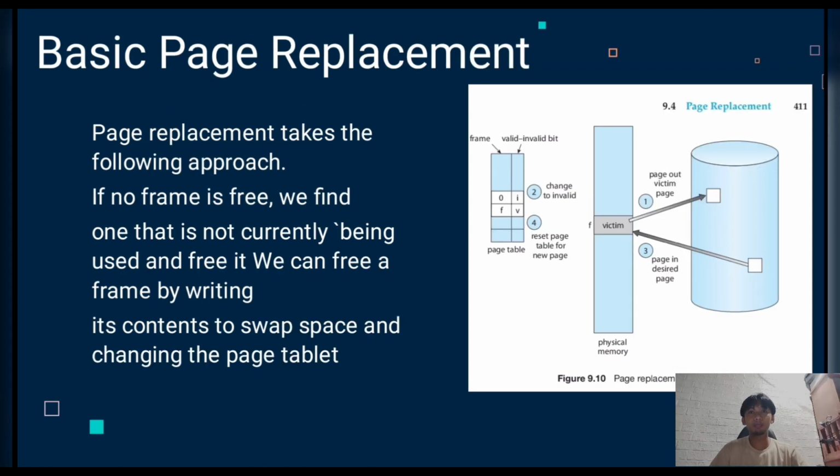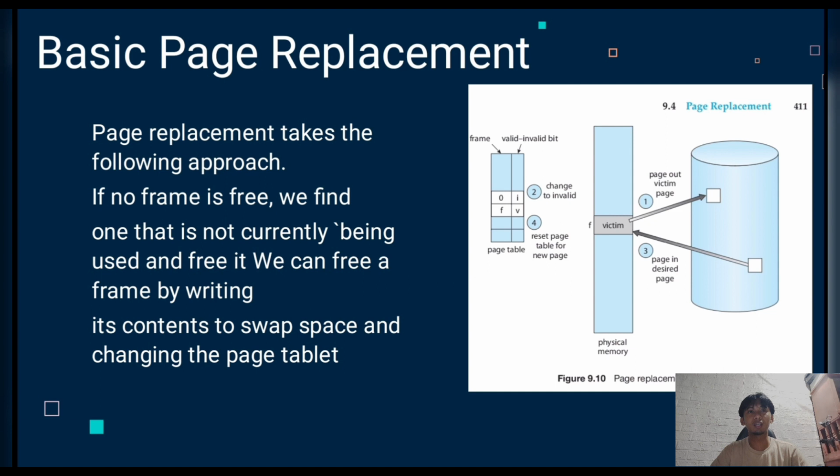So next is the basic page replacement. Page replacement takes the following approach. If no frame is free, we find one that is not currently being used and free it. We can free a frame by writing its contents to swap space and changing the page table.